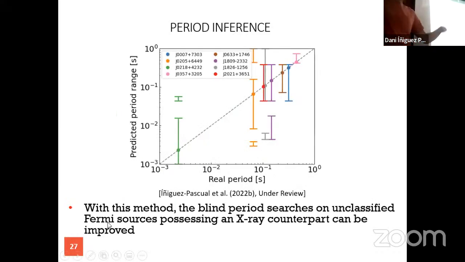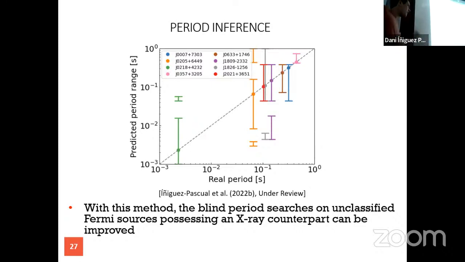So this is a summary of the study, the application of this method on the pulsars with X-ray and gamma ray data. For around half of them it is possible to define a range of around 1 order of magnitude, with some of them having larger ranges, and one of them a very narrow range.